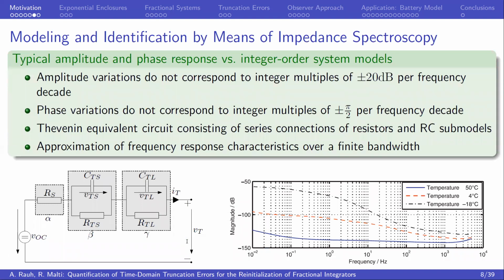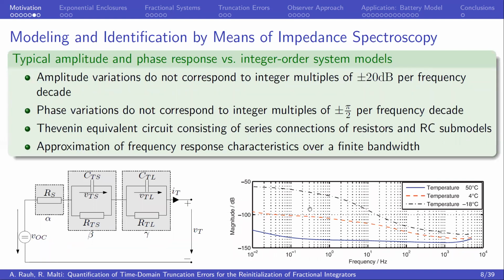Further scenarios where fractional system models naturally come into play are, for example, modeling electrochemical energy storage, like batteries. For that purpose, one typically uses techniques for impedance spectroscopy. One applies harmonic electric currents, I_T, at the terminal of a battery, and records the corresponding magnitude and phase responses.